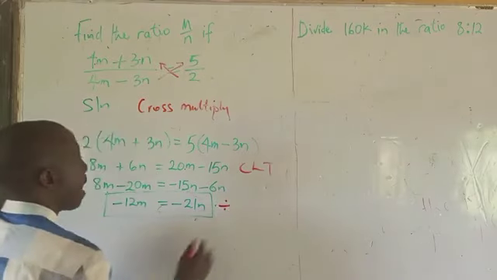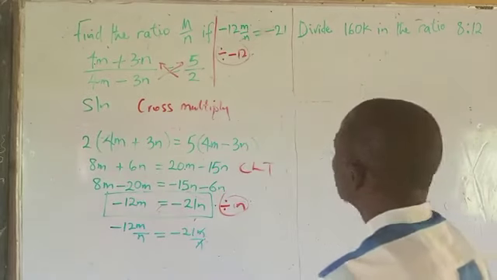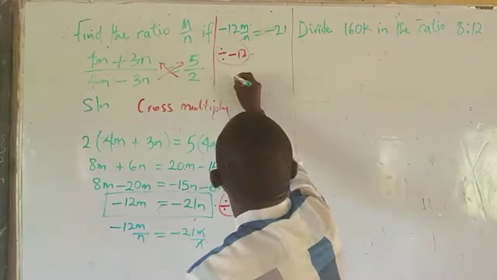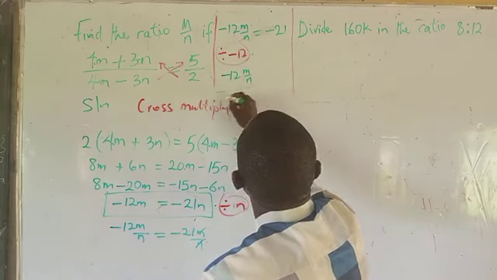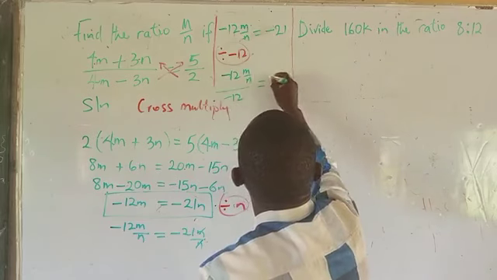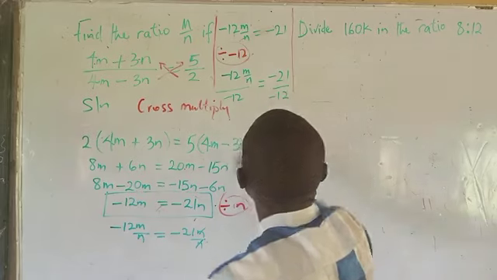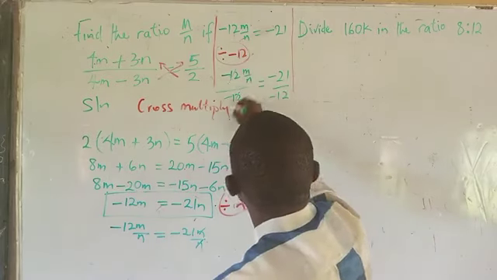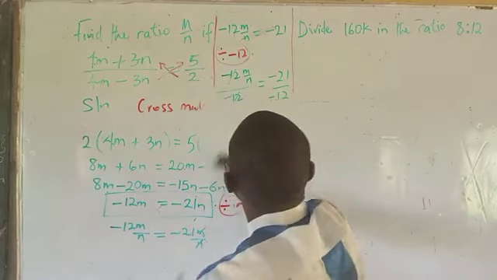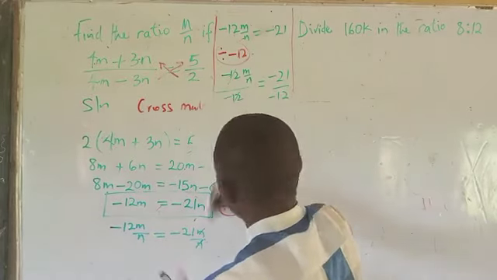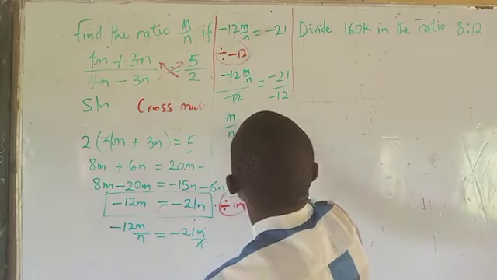Divide through by minus 12. So if we do this, we have minus 12m over n all over minus 12 equal to minus 21 all over minus 12. And this is possible, 12 will cancel off 12 to be left with m over n here.